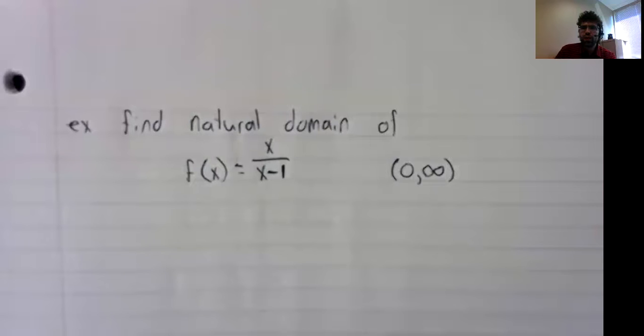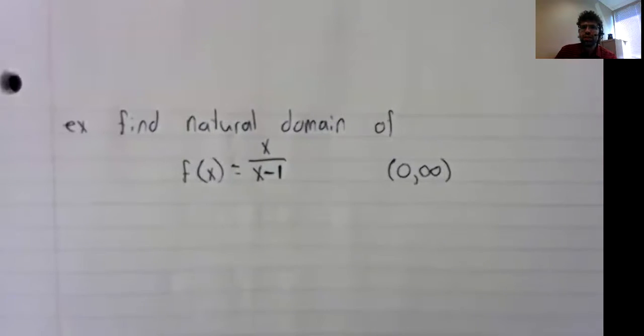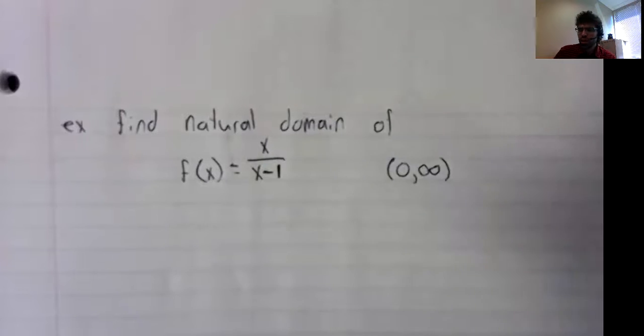And where is this coming from? Well, the student has some idea that division that involves 0 causes problems.